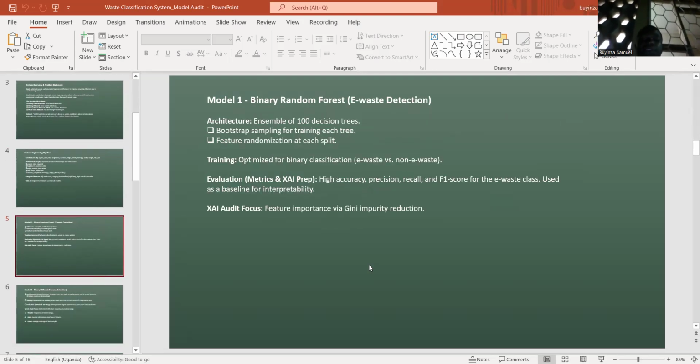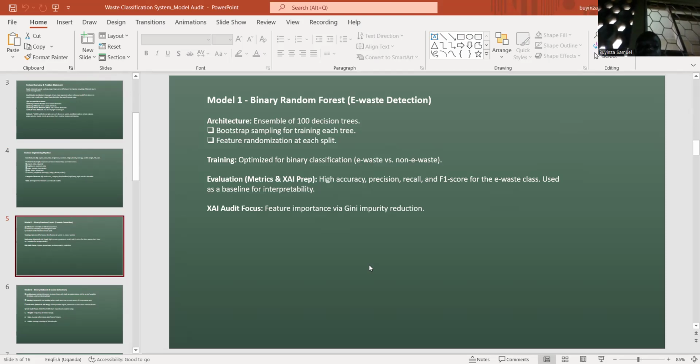Then specifically model 1, that is binary random forest for the e-waste detection. This architecture ensembles 100 decision trees with bootstrap sampling for training each tree, then feature randomization at each split. When you look at training, it is optimized for binary classification.